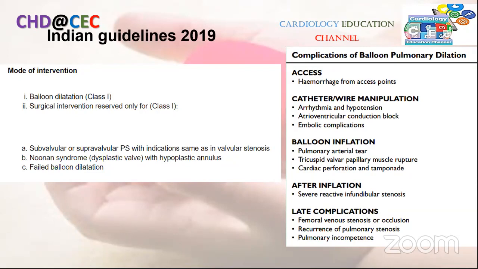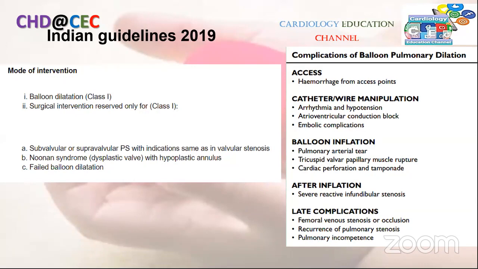Embolic complication, and balloon inflation: you can have a pulmonary arterial tear if you use an oversized balloon or high pressure balloon for a simple valvular pulmonary stenosis. Tricuspid valve papillary muscle rupture happens when you use a long balloon for a small baby.